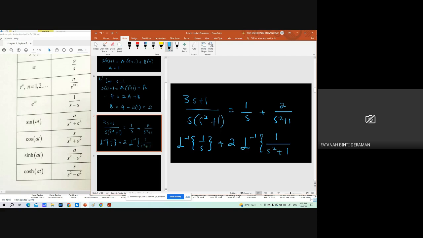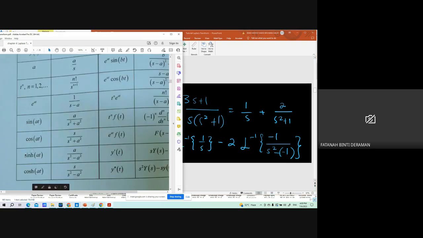S square plus 1, we can minus and minus 1. So this is minus also. Since this is minus, so here we need to minus. Okay. So we can see here we have a, the same a here, and s square.